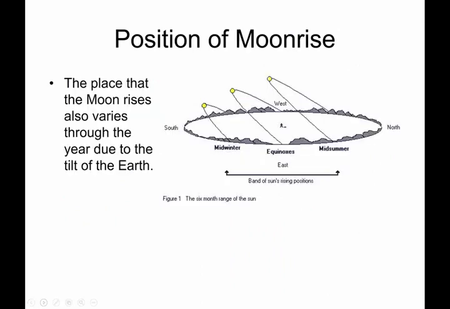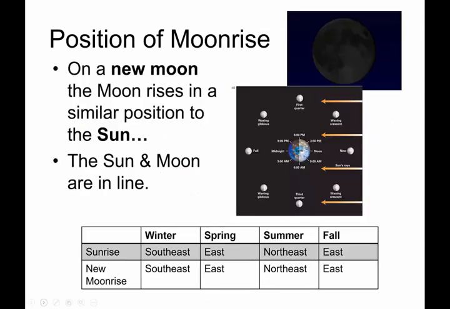Now, the moon also changes its position on moonrise, and that's pretty interesting if you pay attention. The place that the moon rises on the horizon also is going to vary through the year, and again, this has to do with the tilt of the Earth. So it kind of works like this. When you have a new moon, remember, looks black. The moon rise is in a similar position to the sun.